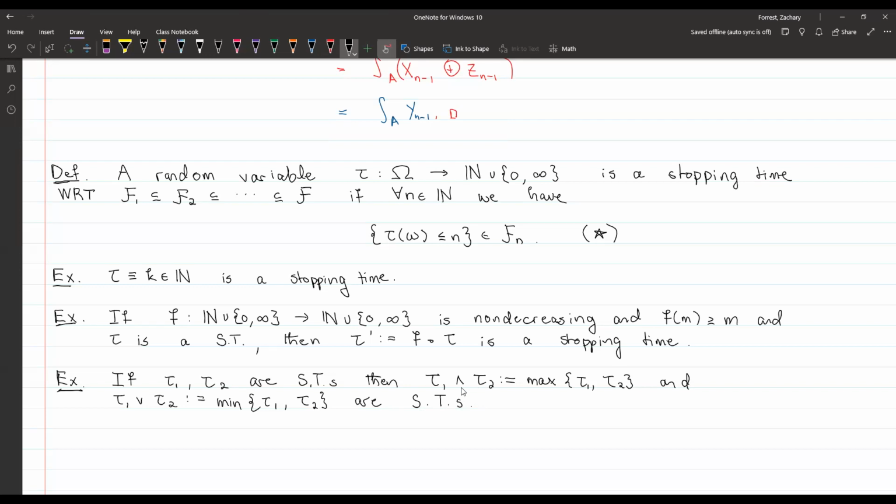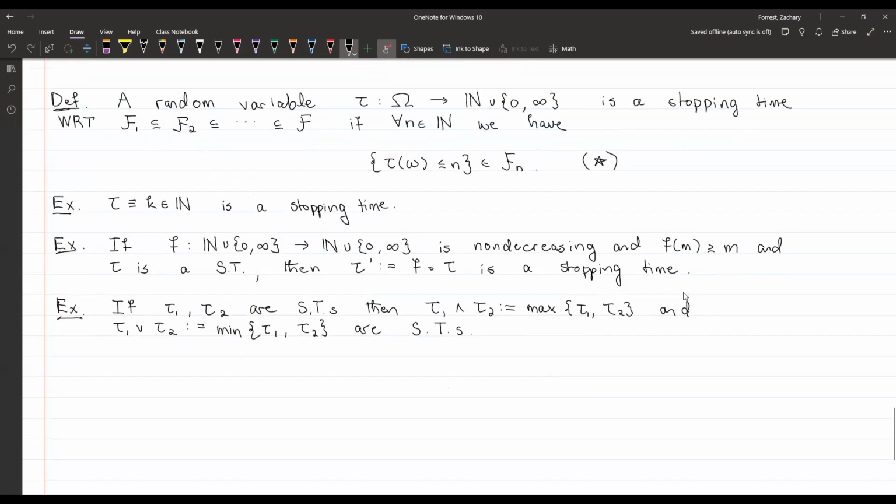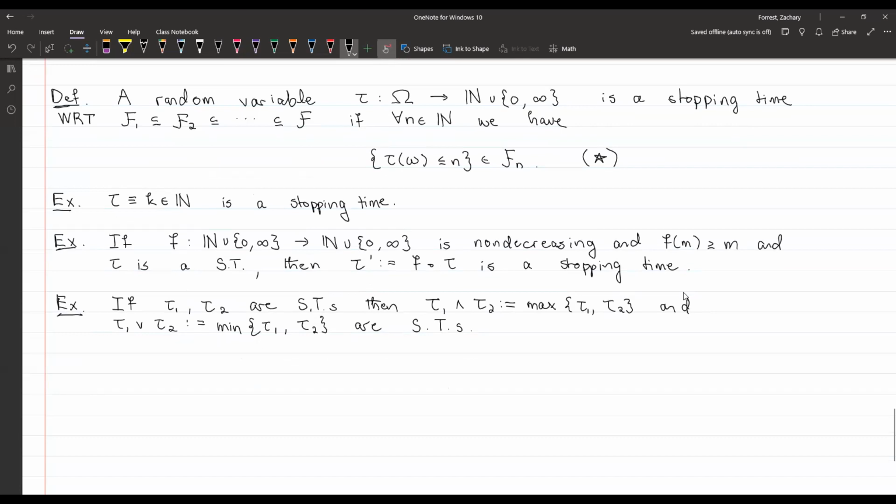And actually, the very first example and this very last example right here end up telling us something really interesting, which I'm going to put as a remark.